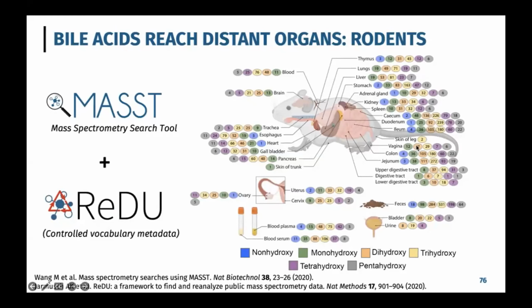The number is the number of modifications. And so what you see is that bile acids in this case are not just distributed into the enterohepatic system, but you find them in distant organs. You can find them in the brain. You can find them in the pancreas. You can find them in the adrenal gland. And there are different bile acids in these different locations.